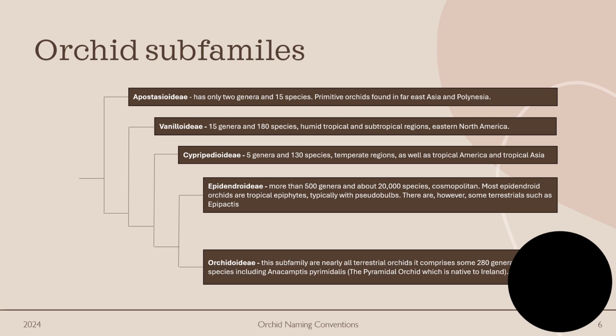The next family is Epidendroideae. This is a huge family. There's over 500 genera with that family, about 20,000 species. It's known as being a cosmopolitan family because it's found everywhere.